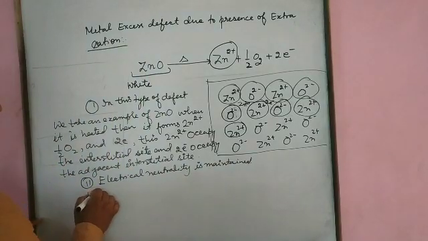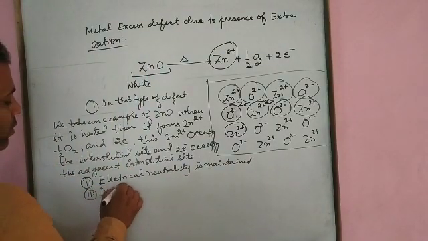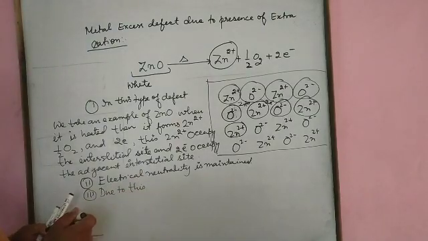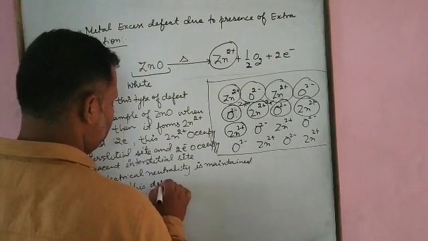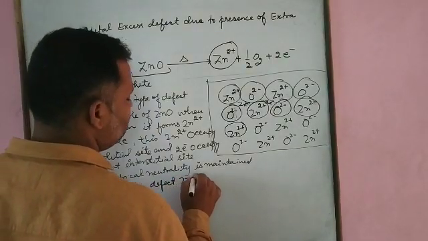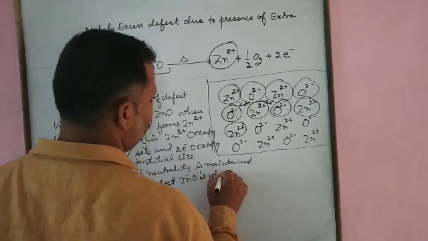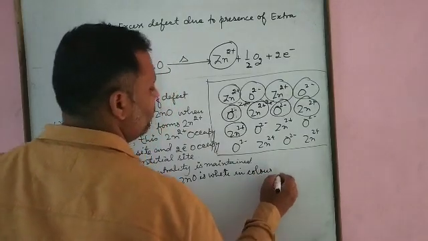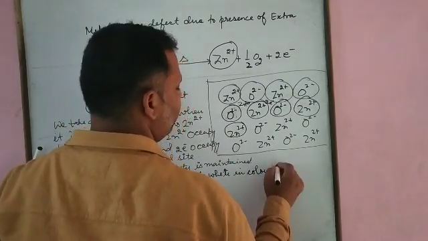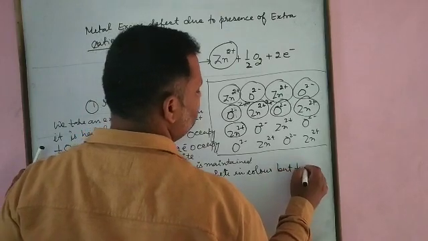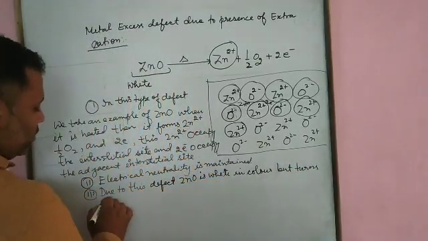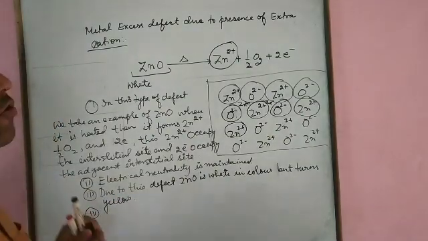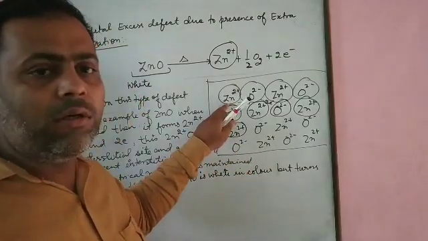Next, due to this defect, zinc oxide is white in color but turns yellow. When we see the stoichiometric ratio, it means 1 zinc to 1 oxygen.